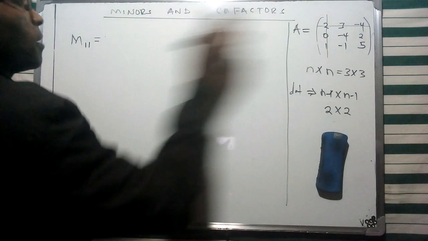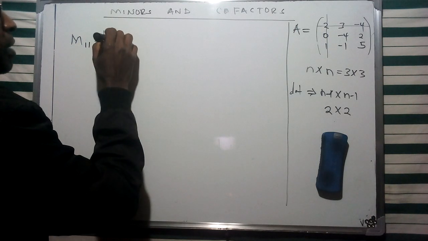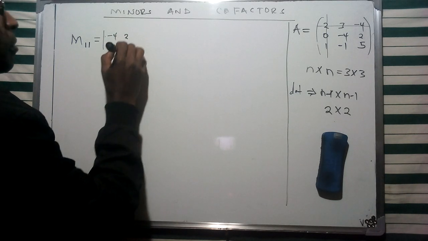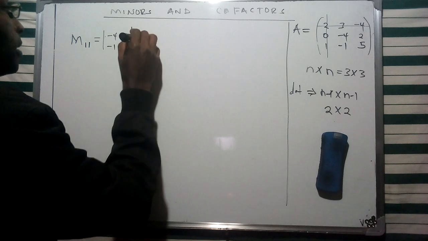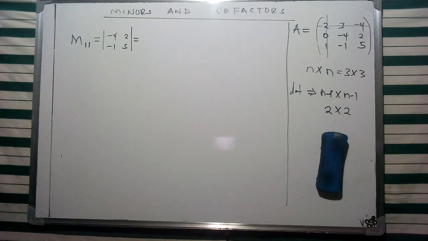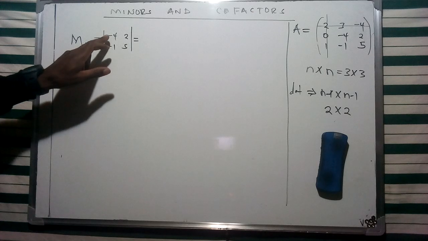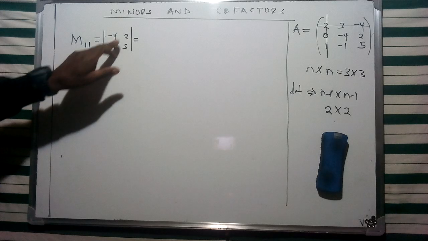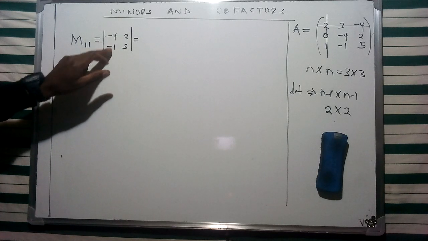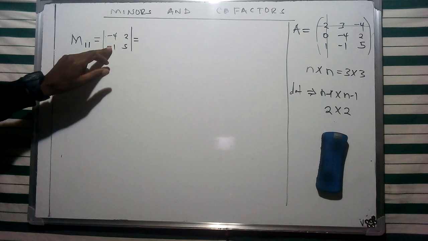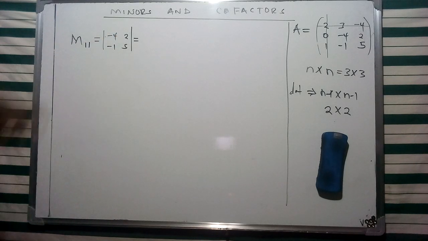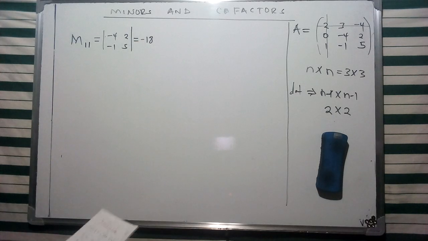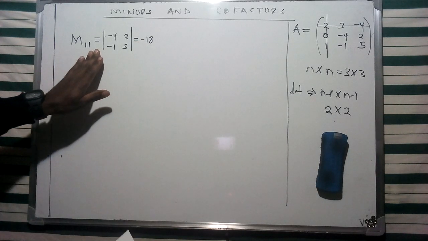Therefore, from this matrix we obtain our first minor by having negative 4, 5 as such, and the determinant of this is negative 4 times 5, which is negative 20, minus the product of the other entries, which is 2, so negative 20 minus 2 gives us negative 18. This negative 18 is the value of our first minor.